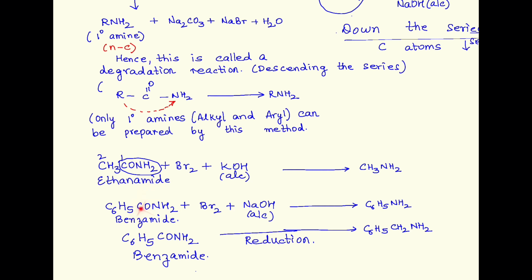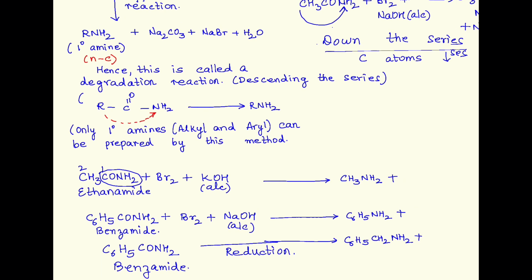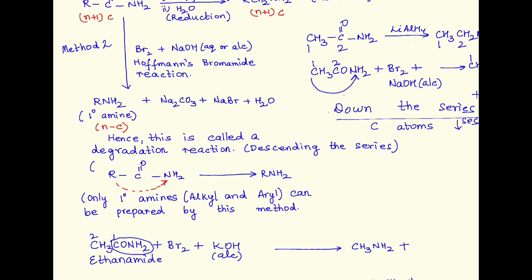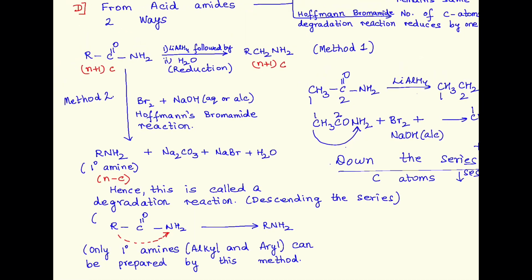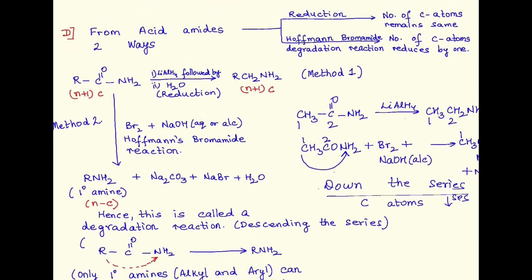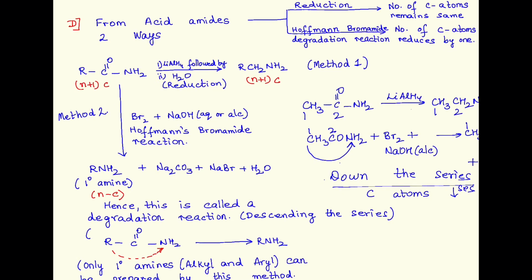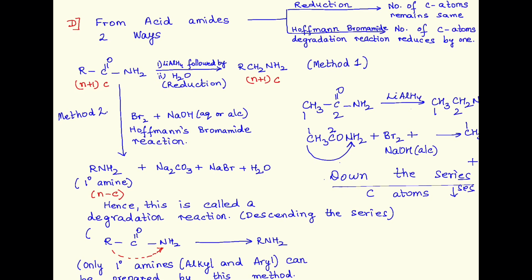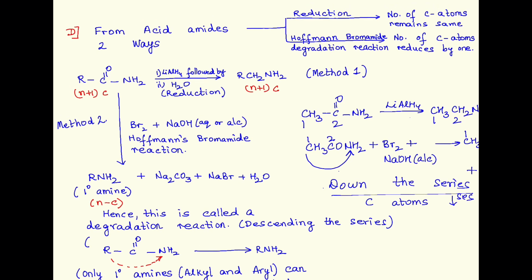And this carbon atom is the carbonyl group carbon, which goes away. What about the side products? I hope you have written the side products for this reaction. And I also hope that you have been noting all of this down while we were doing it, and this concept of the preparation of amines is clear to you.